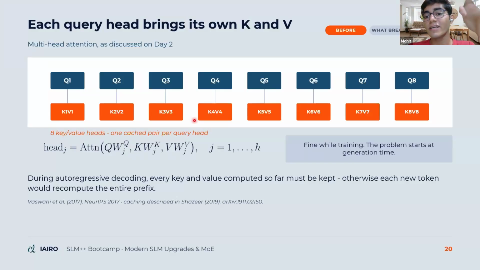Before we get into grouped query attention, let's look at what the vanilla GPT-2 architecture has to offer us. That is multi-head attention, where query 1 would attend to value 1, query 2 would attend to value 2, and so on, again and again, which is a very repetitive process, and we do not want that inefficiency in our picture.